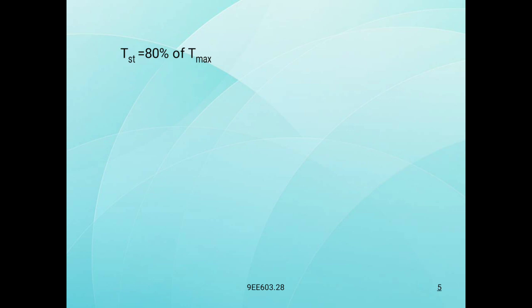Here starting torque is 80% of maximum torque. That means T starting by T maximum is equal to 0.8.